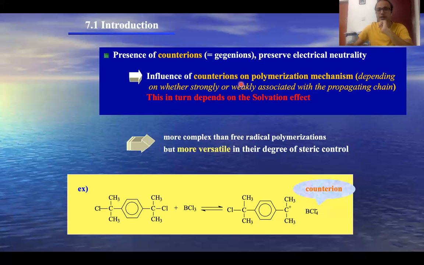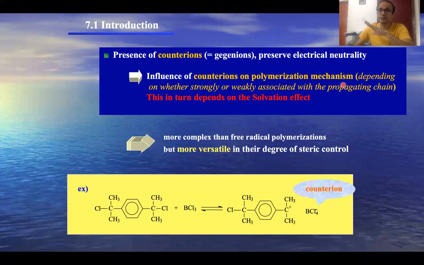Why does it influence? Because these counterions can be strongly or weakly associated with the propagating chain, since it is an ionic polymerization, so the propagating chain will be either positively or negatively charged. The association of the counterion with the propagating chain can influence a lot the mechanism that a particular ionic polymerization follows.